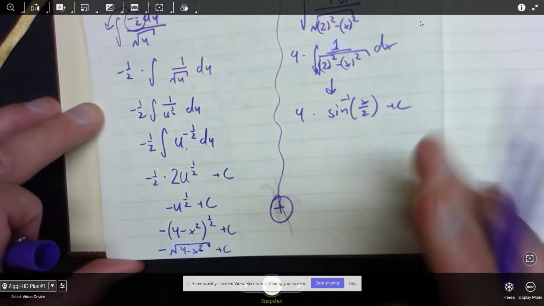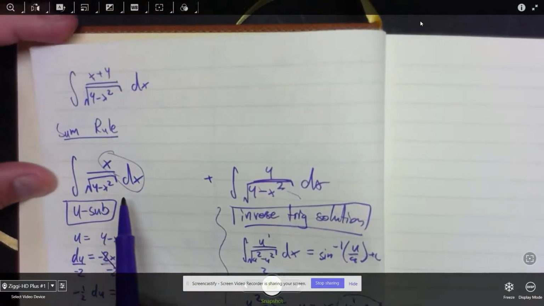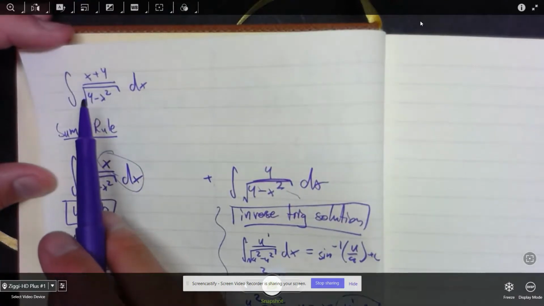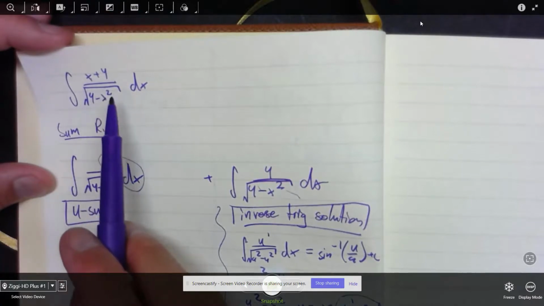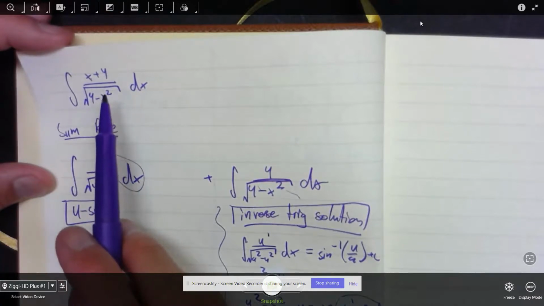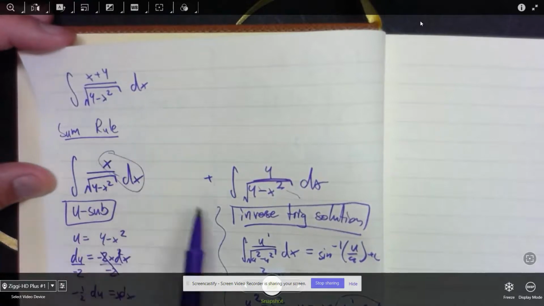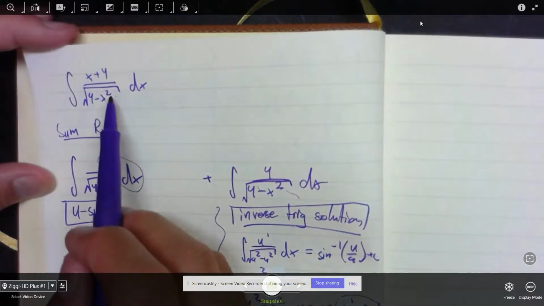Remember, the original premise of this was, if you have a situation in an integral where you have a denominator at the bottom, that indicates that you will have an inverse trigonometric solution, which in this case will be an inverse sine. But at the very top, you have a combination of 2 different scenarios.